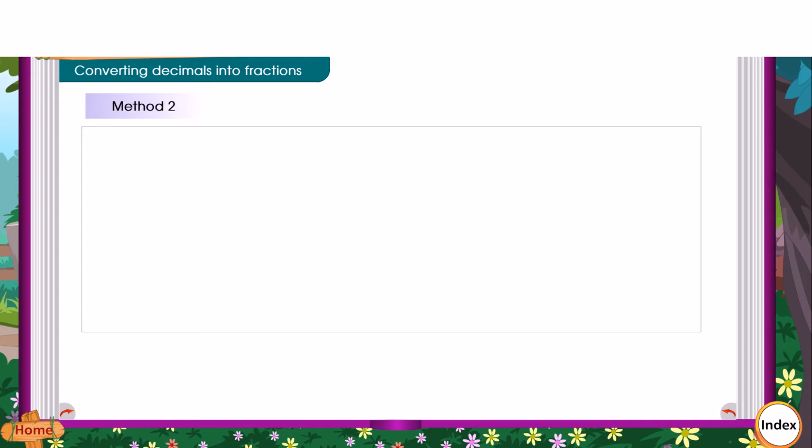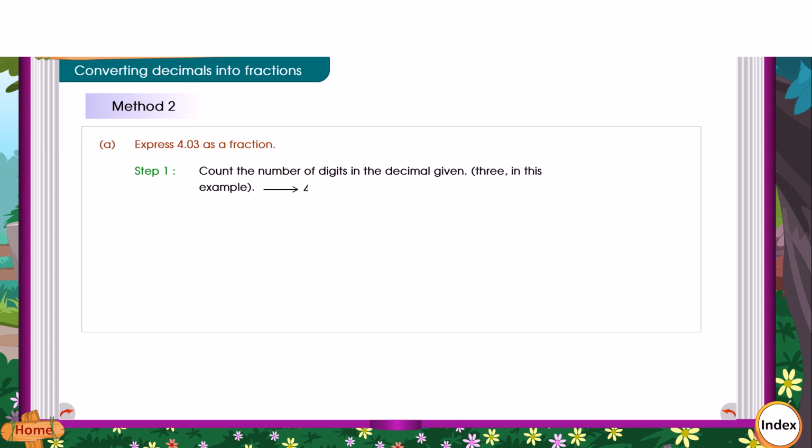Method 2. Express 4.03 as a fraction. Step 1. Count the number of digits after the decimal point, 2 in this example. 4.03. Step 2. Rewrite the number without the decimal, that is the numerator, 403.